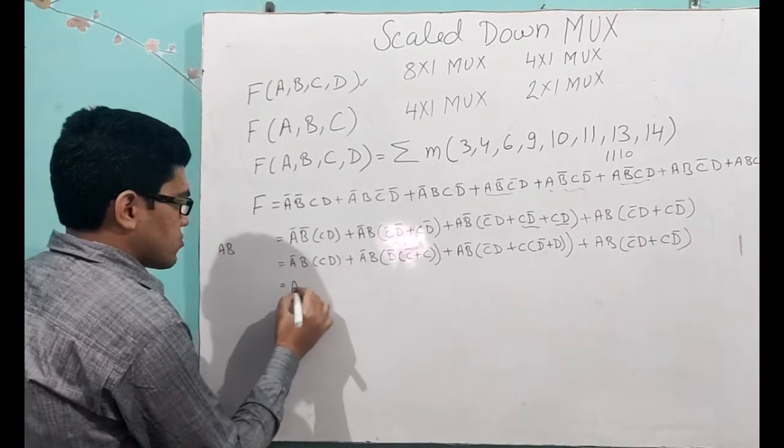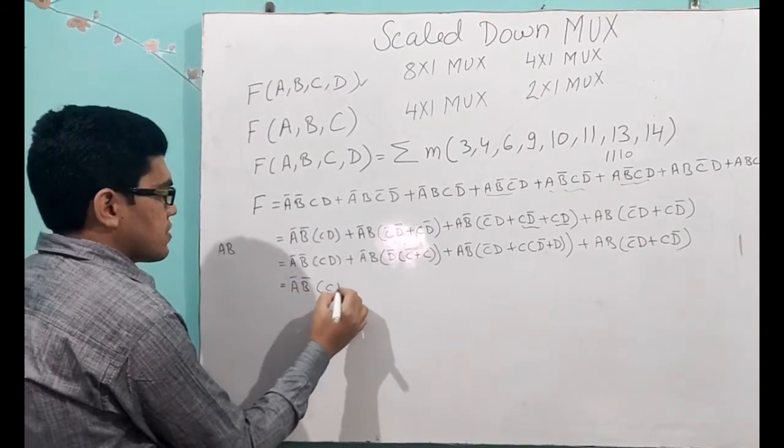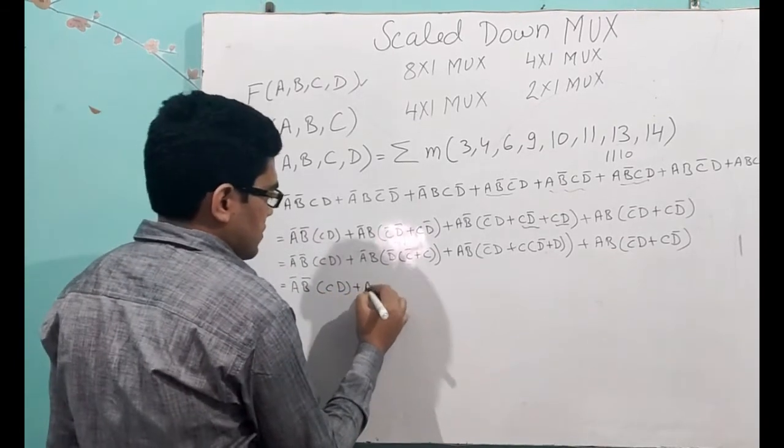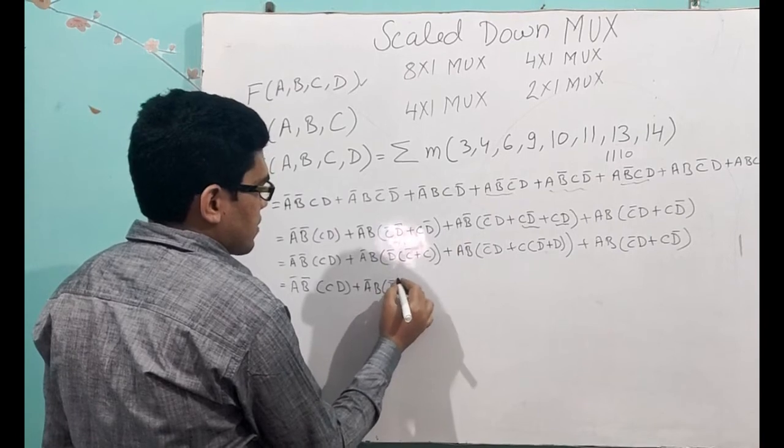Okay, let's solve it. A bar B bar C D plus A bar B D bar.